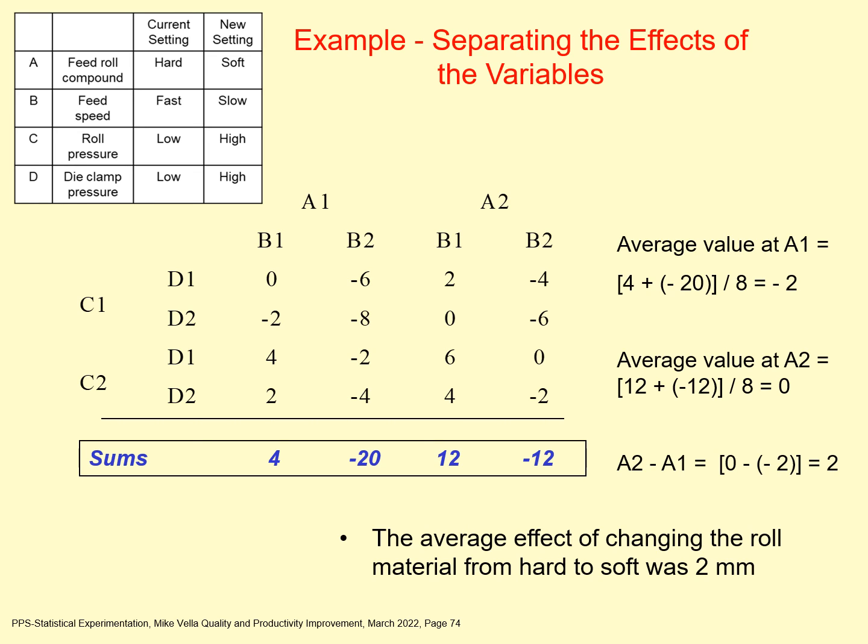So the average effect of changing the roll material from hard to soft is the average of A2, minus the average of A1, which is 0 minus minus 2, which is 2. So the average effect of changing the roll material from hard to soft was 2 millimeters.